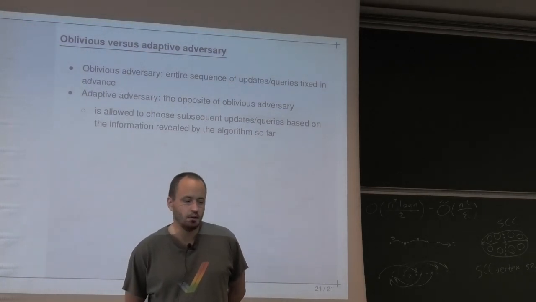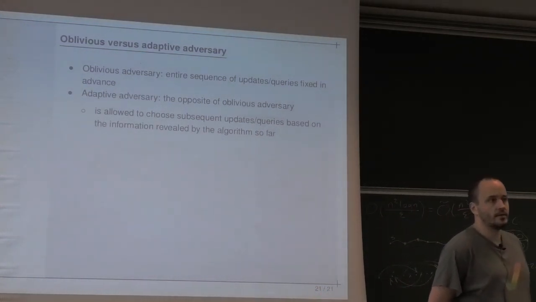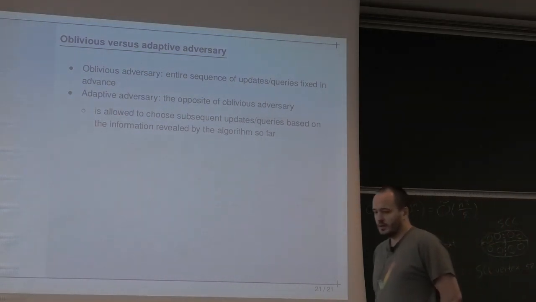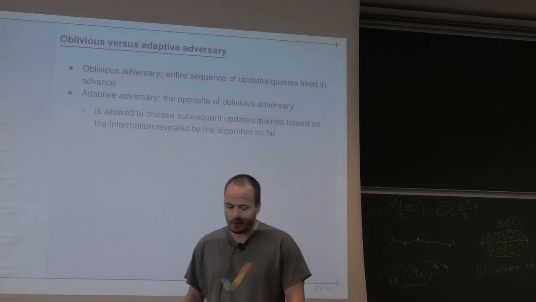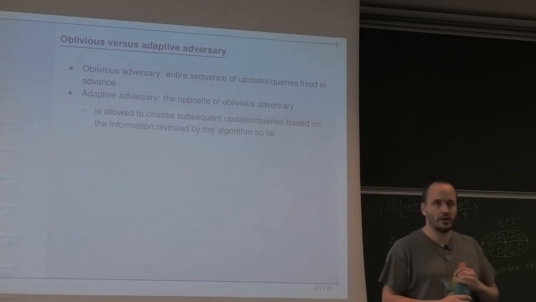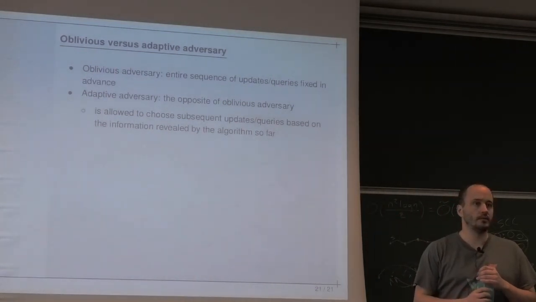It was fully dynamic, all pairs shortest paths. Was it approximate? It was exact distance, right? So it was maintaining the exact distance matrix. What can we say about this problem in terms of the types of adversaries that there are?